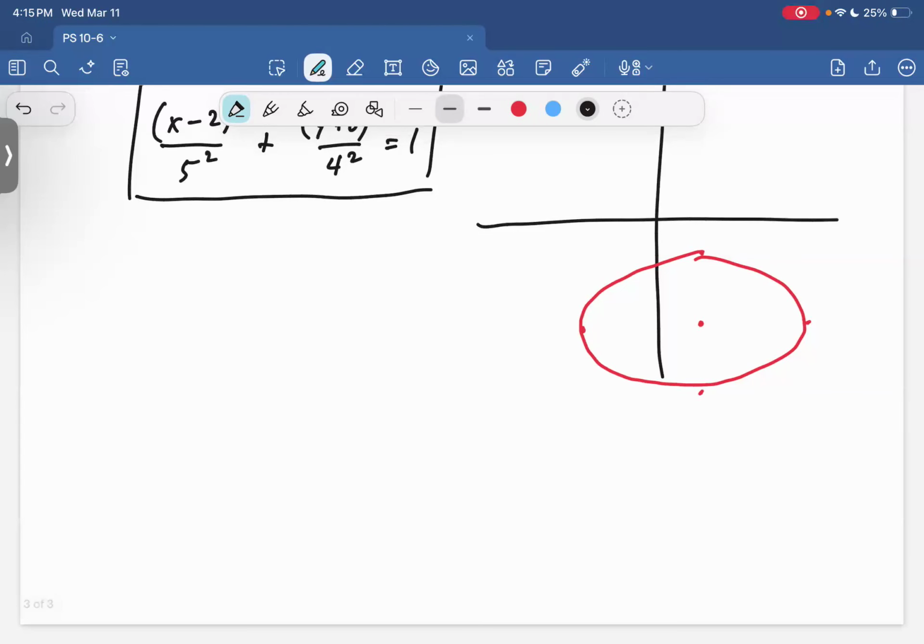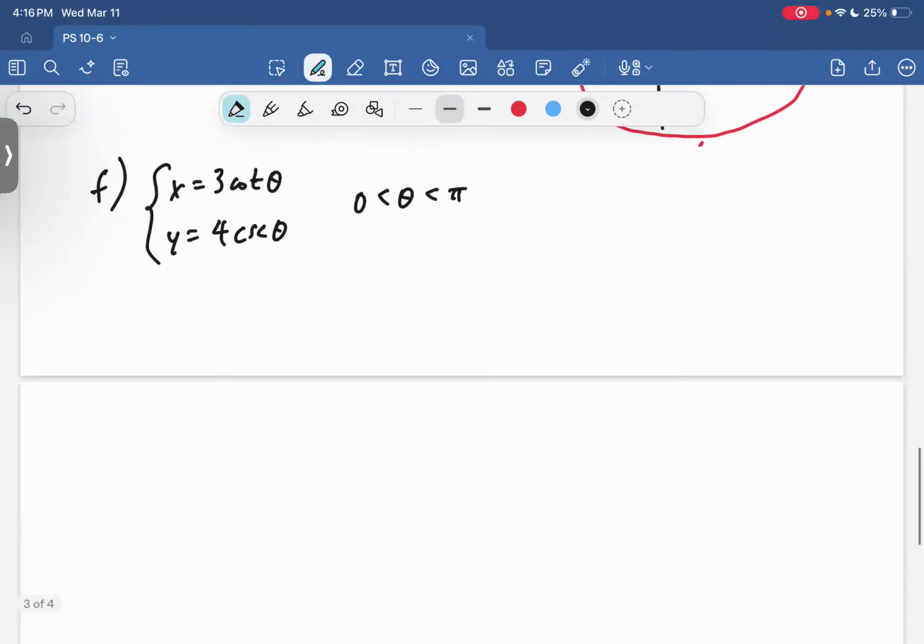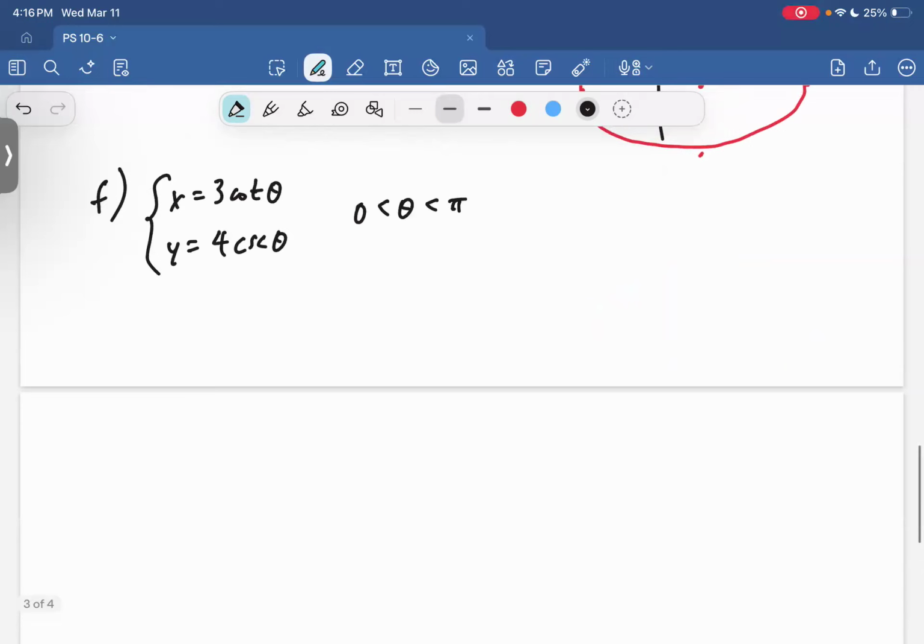This question is for f. Now we have cotangent and cosecant, so we know it's a hyperbola. x is 3 cotangent theta, and y is 4 cosecant theta. And we have a condition, which is that 0 is less than theta, less than pi. It should say less than, not less than or equal to. So that's a typo.